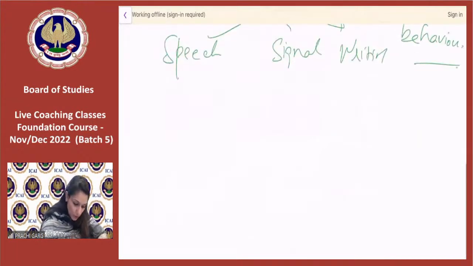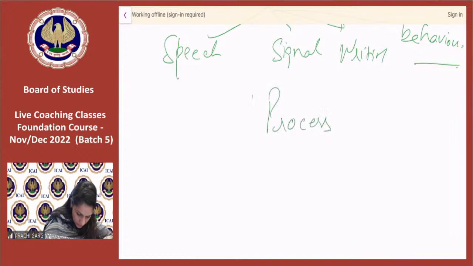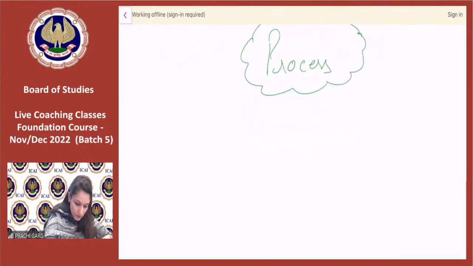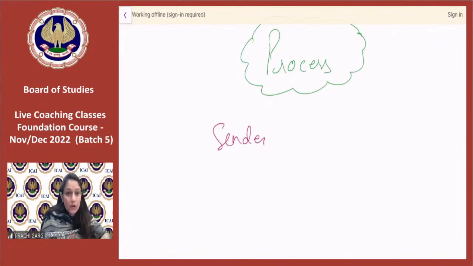Now let's come to the process. What is the process? The process involves, first, the sender. The sender is the one who generates the message and encodes the message.